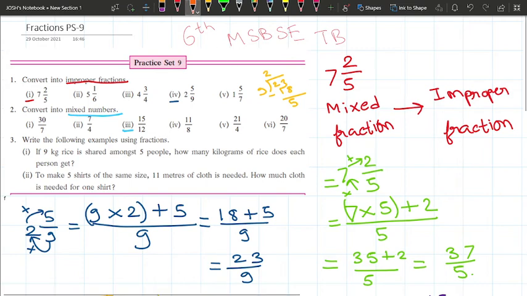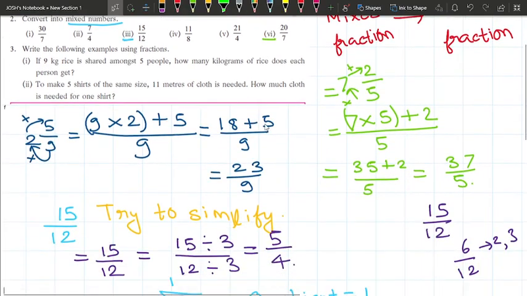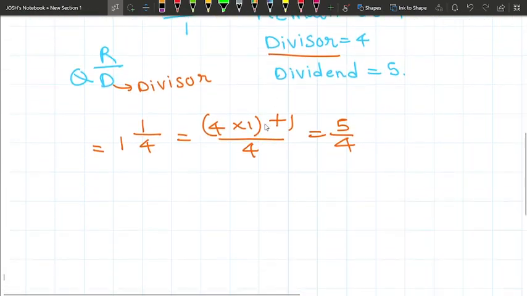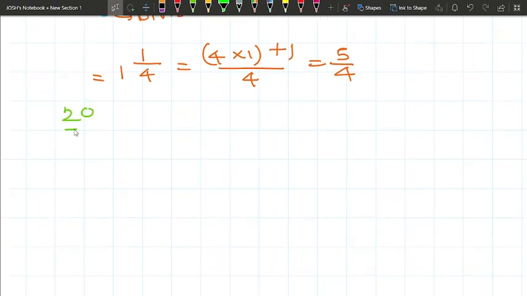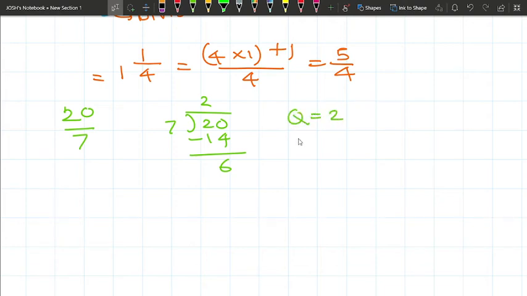Now let us solve question number 6. It is 20 by 7. So first let us divide. 7 2s are 14 and our remainder will be 6. So quotient is 2, divisor is 7, remainder is 6.